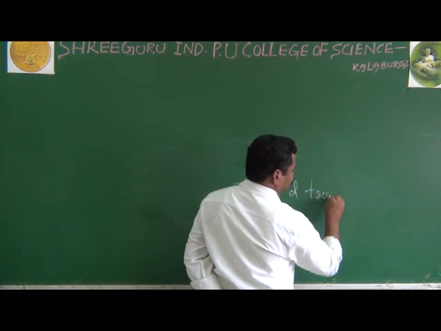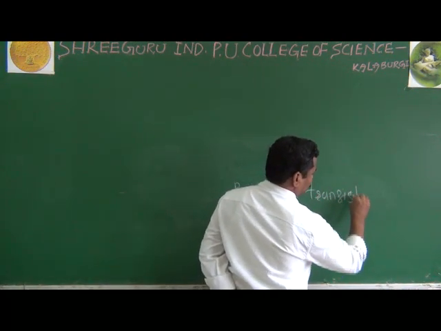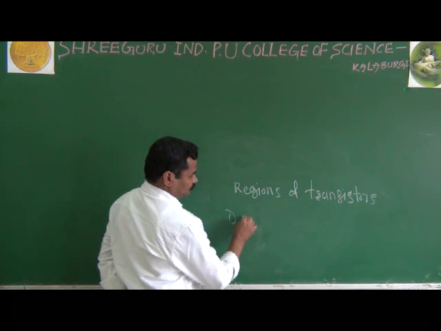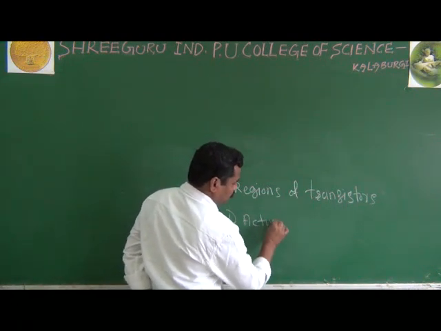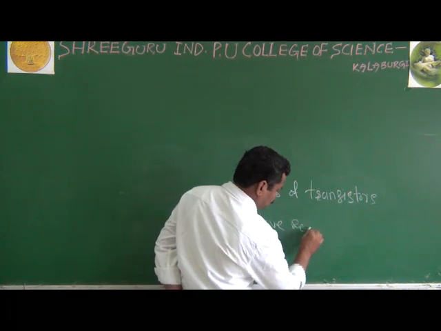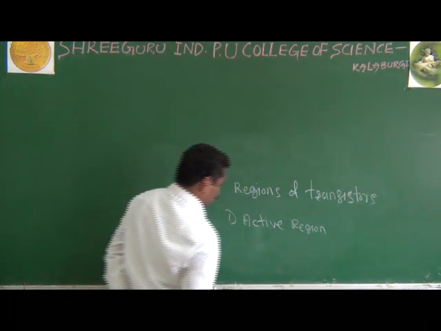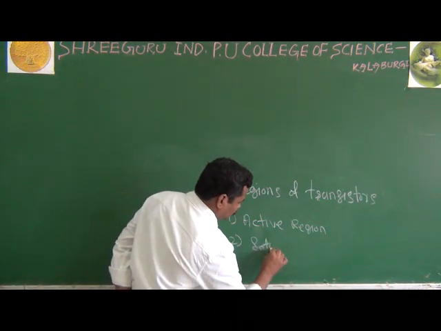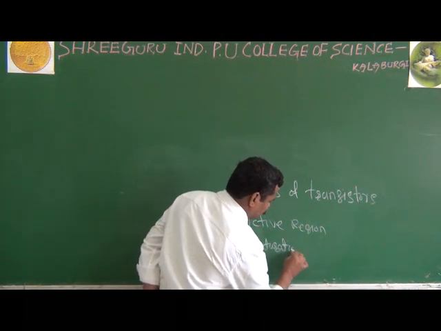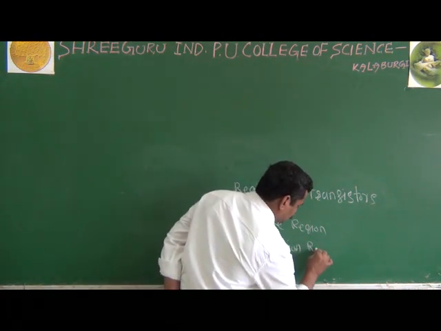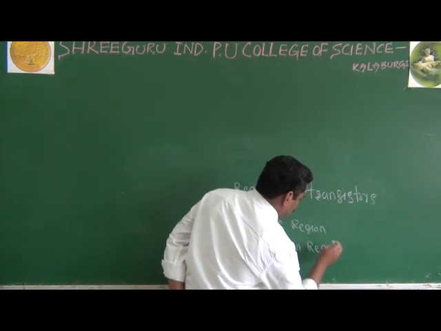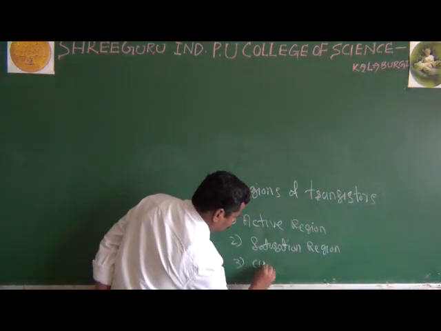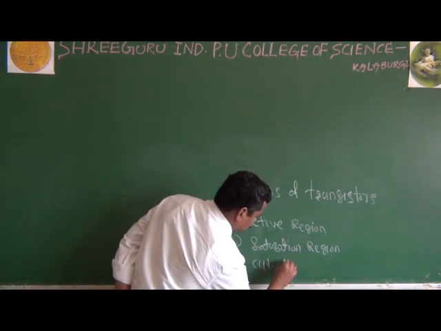The first one is called the active region. The second one is called the saturation region. And the last one is called the cutoff region.